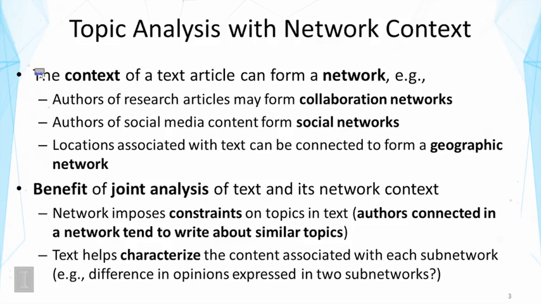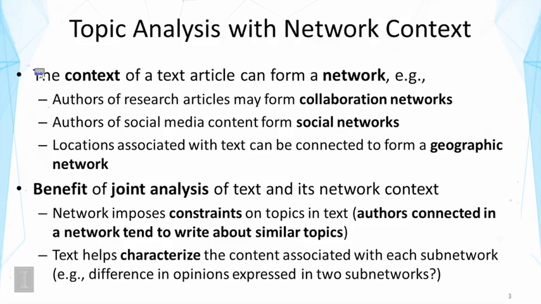Now, there is some benefit in jointly analyzing text and its social network context, or network context in general. And that's because we can use the network to impose some constraints on topics in text. So for example, it's reasonable to assume that authors connected in a collaboration network tend to write about similar topics. So such a heuristic can be used to guide us in analyzing topics.